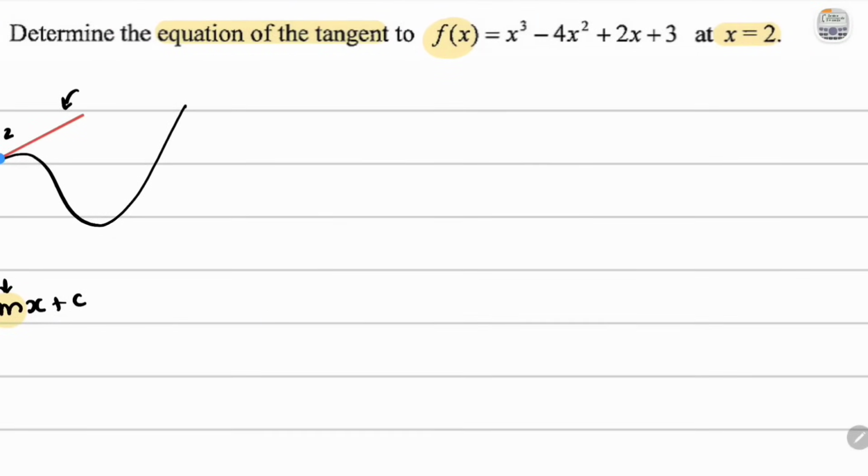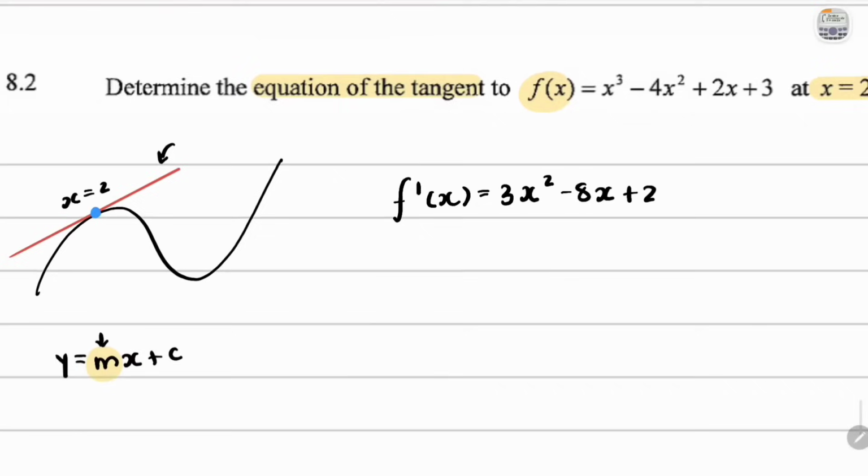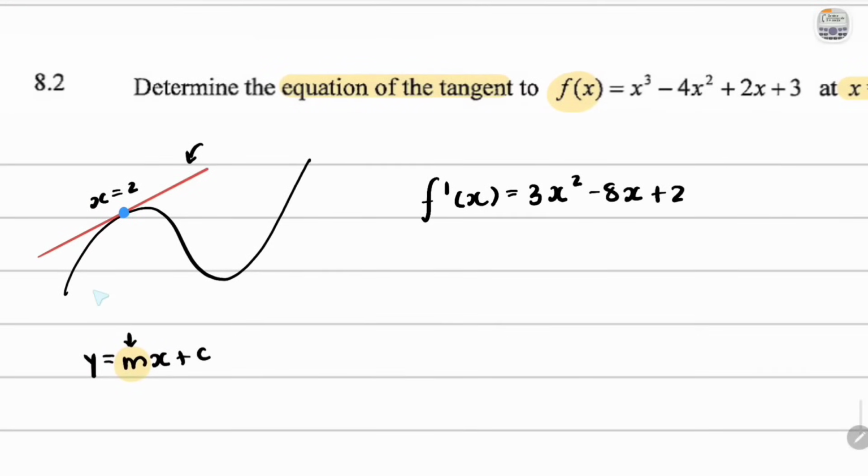So to find the gradient of the cubic function, you would derive it. So f prime of x is equal to, and this will be 3x squared minus 8x plus 2. Okay, now we're specifically saying it's the gradient of the cubic function at this point where x is equal to 2.